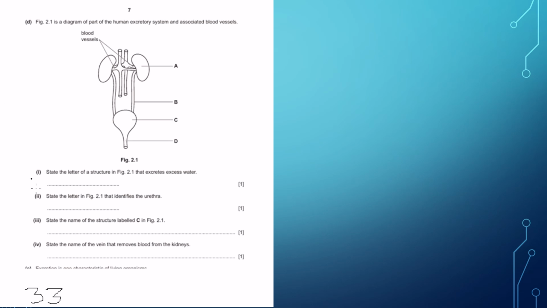Well, that is our kidney here, A. Then we have our urethra here, D. The structure here in C, that's our bladder.